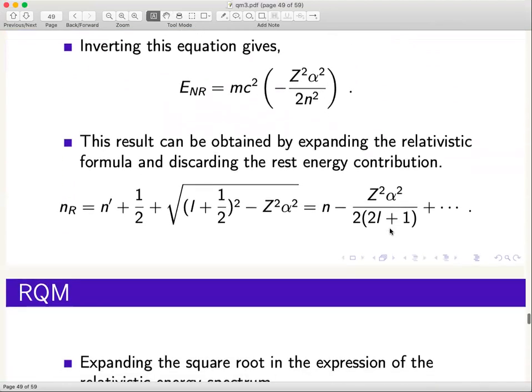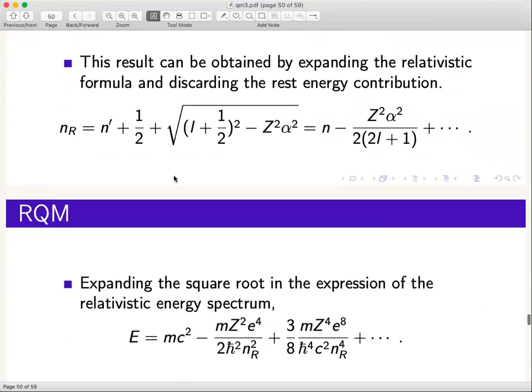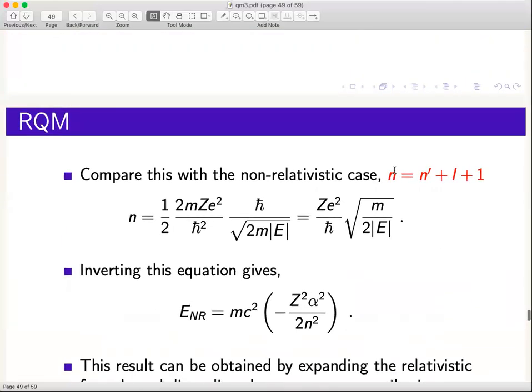So you can obtain the same result by doing the expansion of the relativistic principal quantum number in terms of the radial quantum number n prime plus L. What you're trying to do is take L plus half whole squared outside. Then you get n prime plus half plus L plus half, which would give you n prime plus L plus 1.